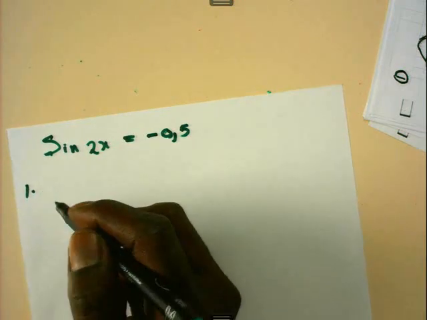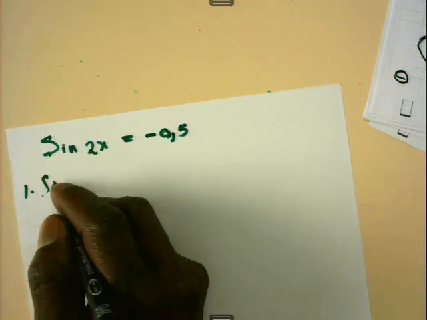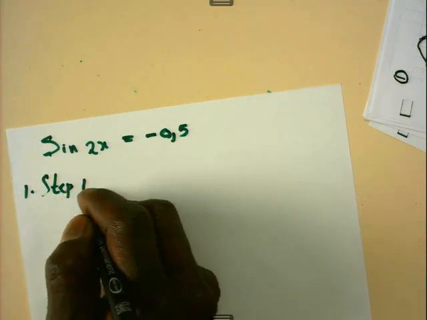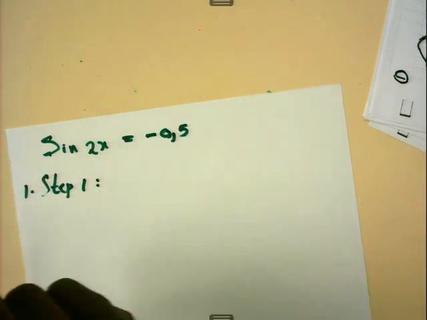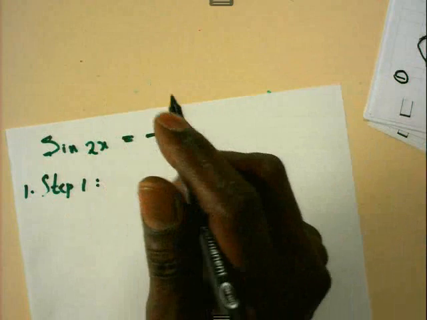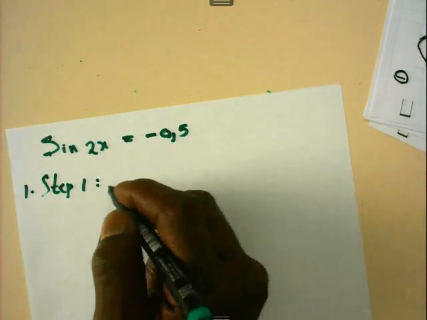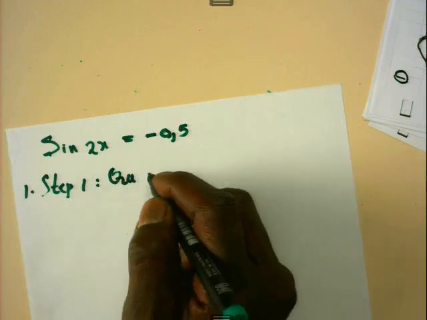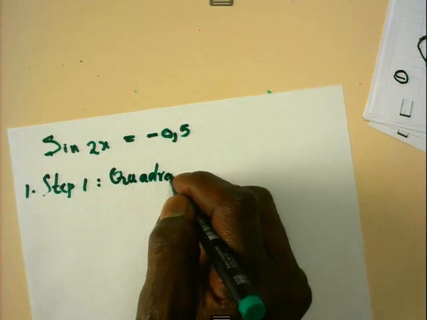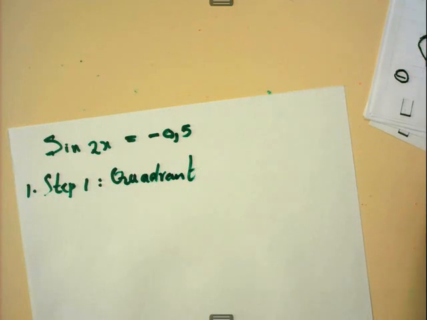Step one. Who can remind us of step one? Oh, everybody is comfortable with step one. Step one is to identify the quadrant. And where are we?